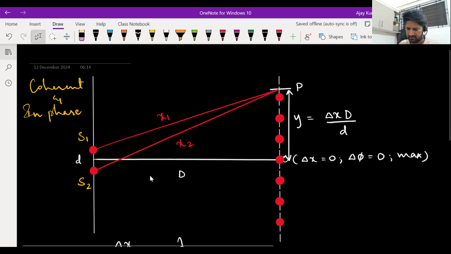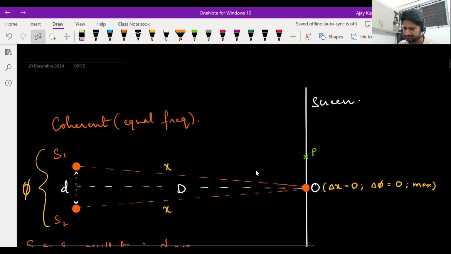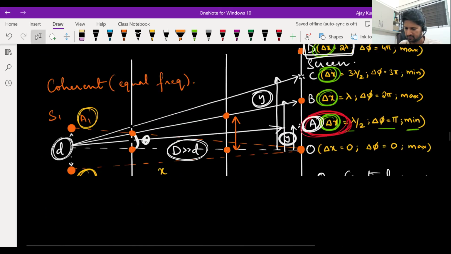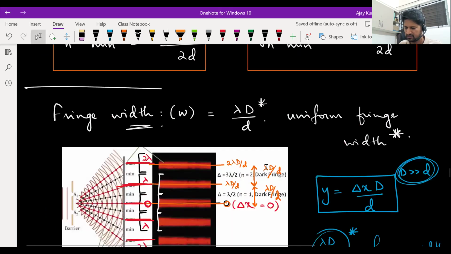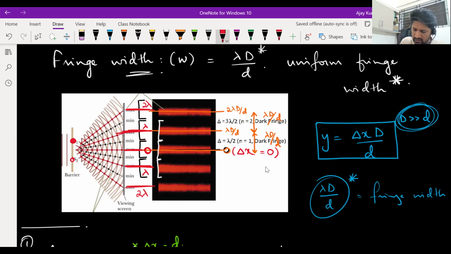Last class we had seen a picture of the YDSE pattern also. I'll show it to you once again. Yeah. So you get a pattern like this of varying intensity, bright band, and gradually the brightness decreases to 0. Dark band, again gradually it increases. But you get completely dark bands if the sources S1 and S2 are of the same brightness, same intensity.